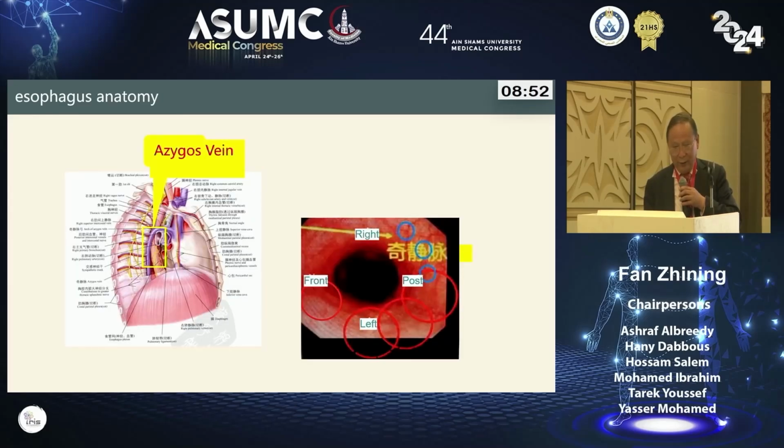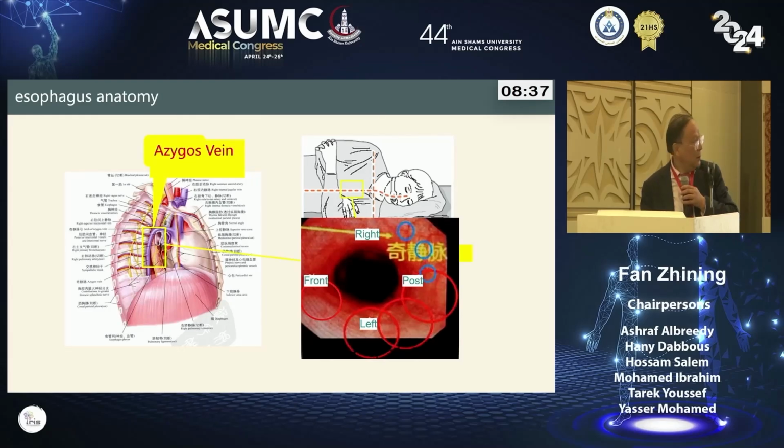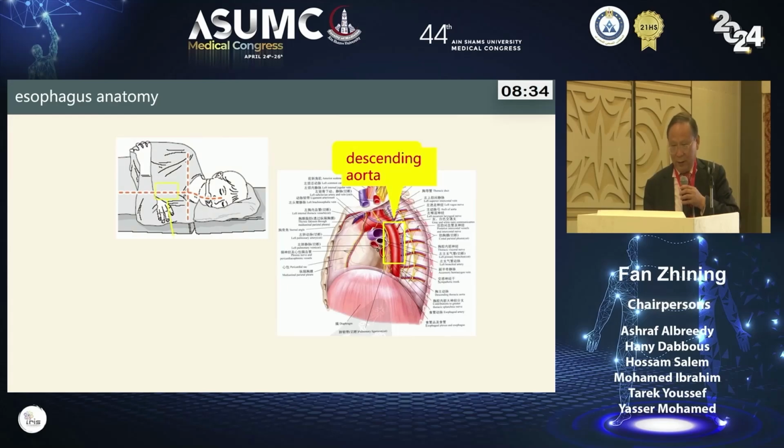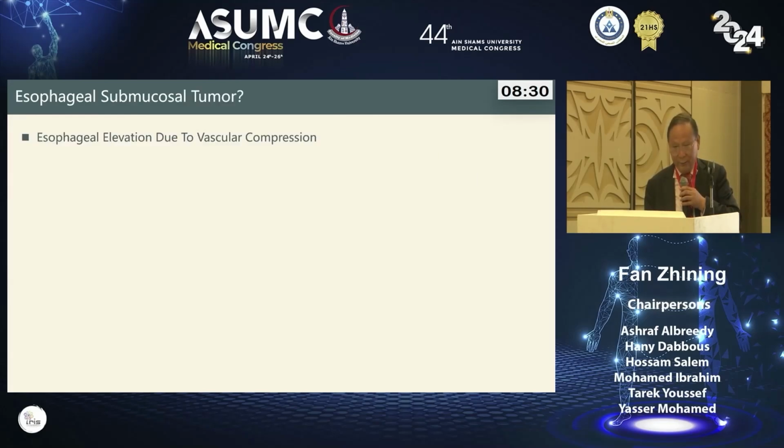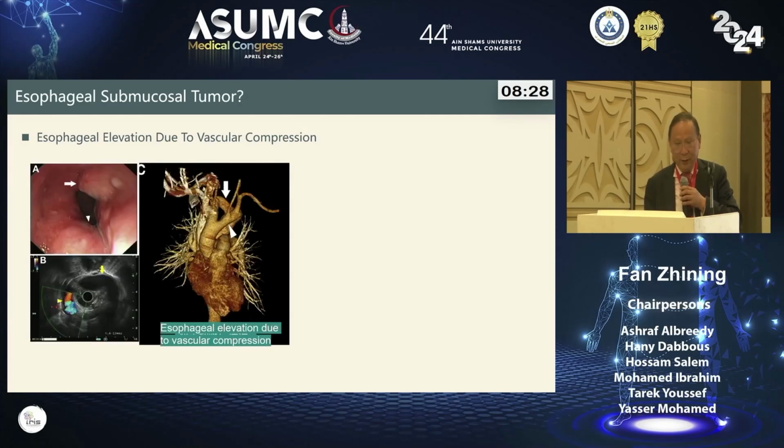The esophagus vein is on the right. This is the descending artery. The esophageal submucosa is elevated due to vascular compression.